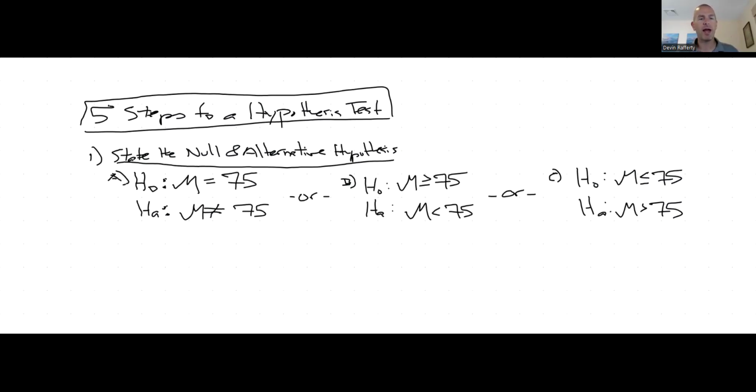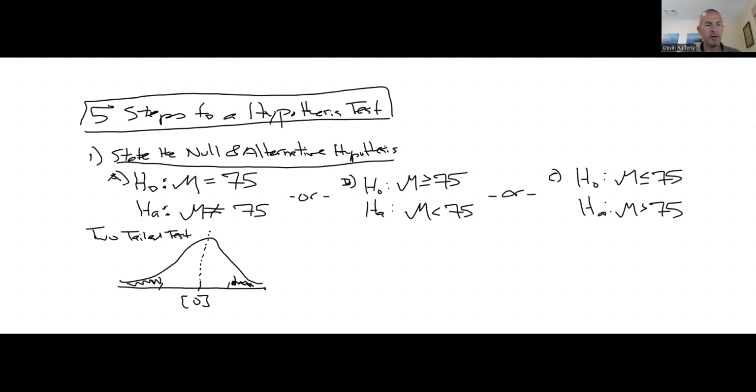If the alternative hypothesis has a not equal to sign in it, then you have what is known as a two-tailed test. You have a two-tailed test.